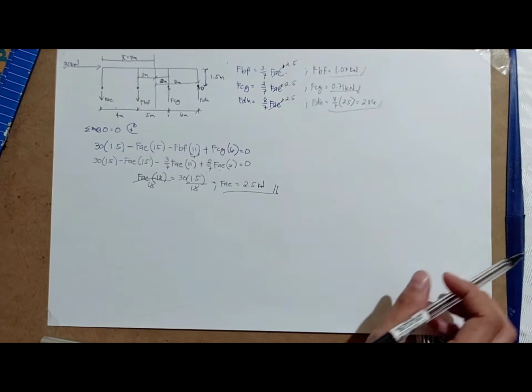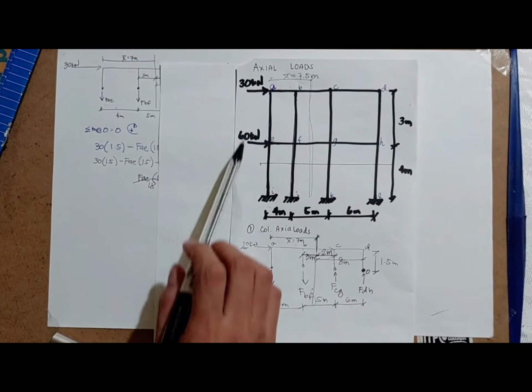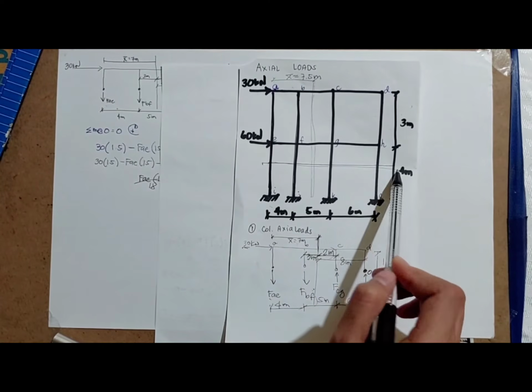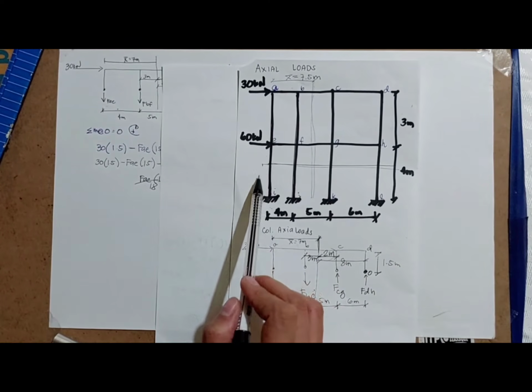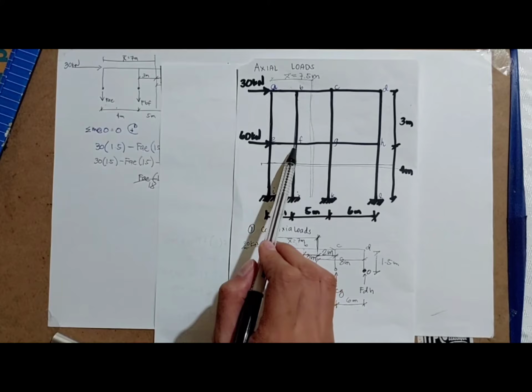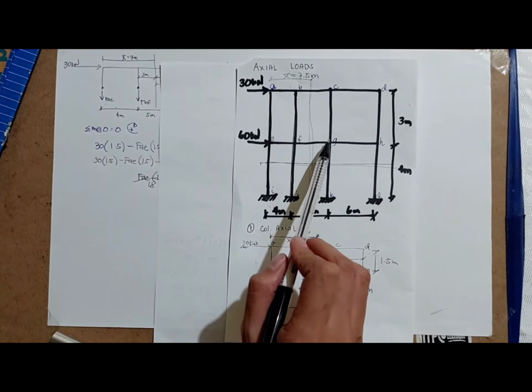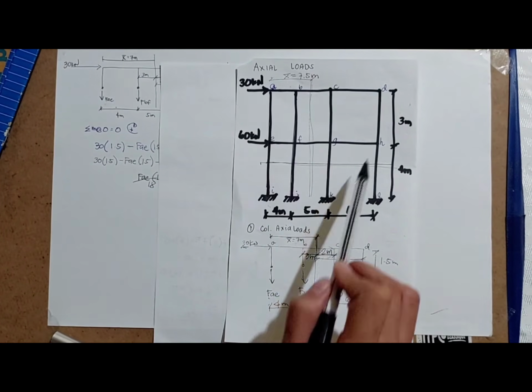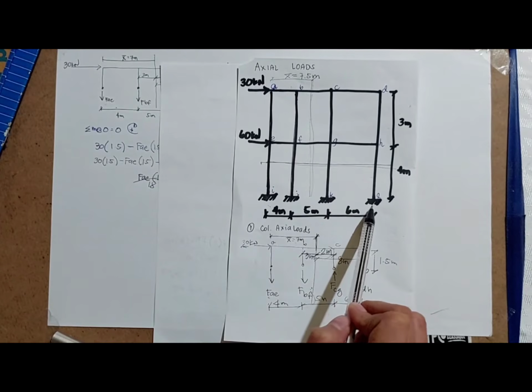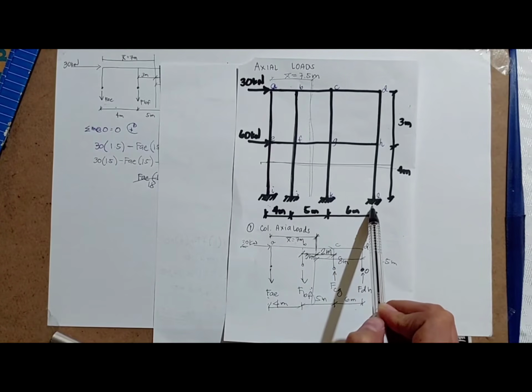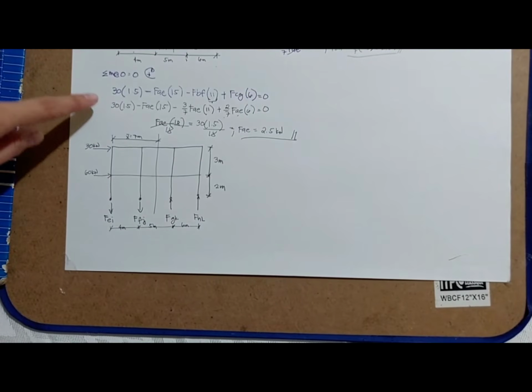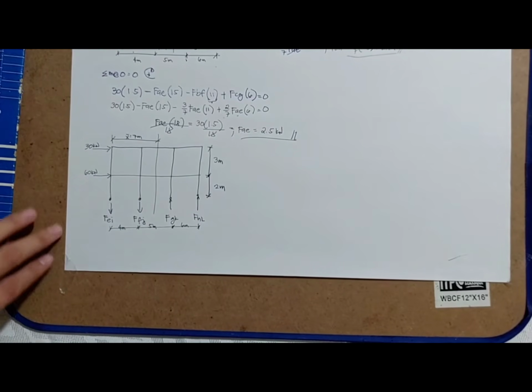Next, we have this one. Let's cut this. This will become your force EI, force FJ, force GK, and then force HL. Okay, so we arranged it. I cut it here.